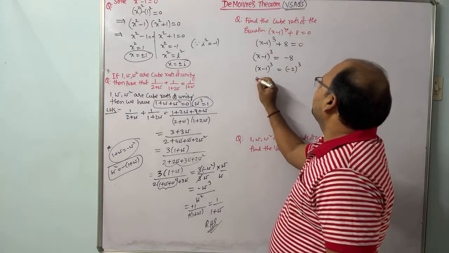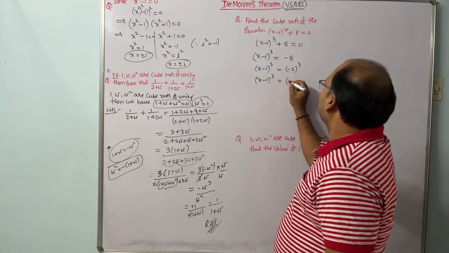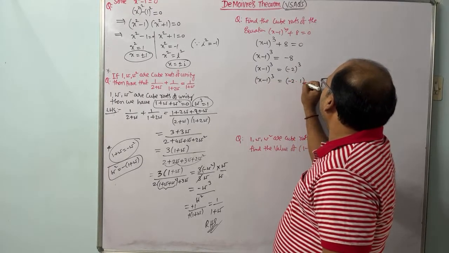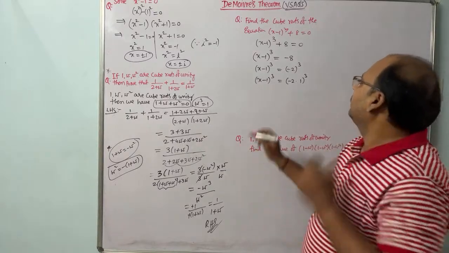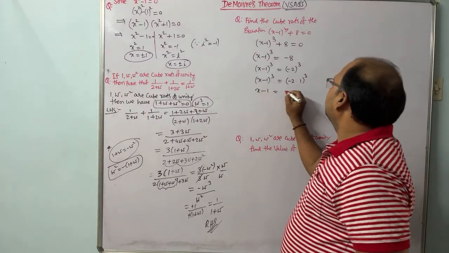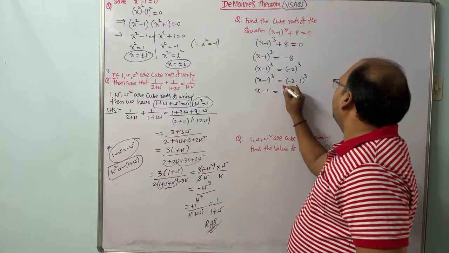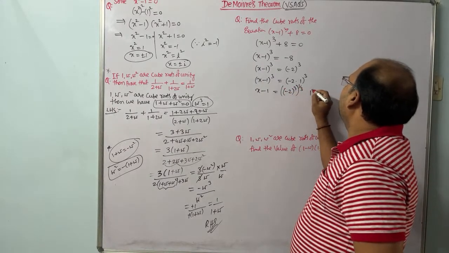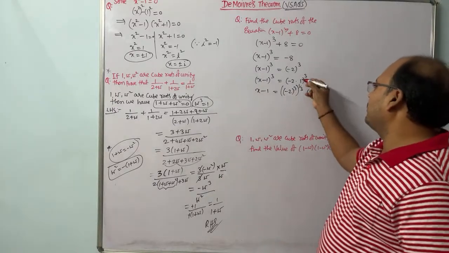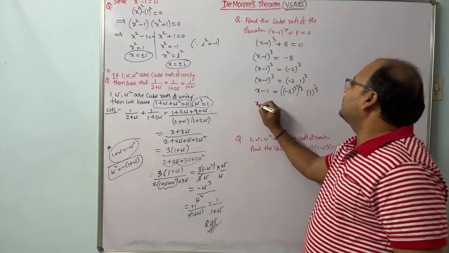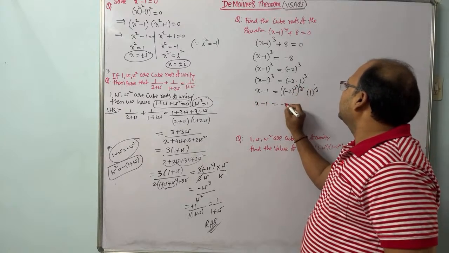So (x minus 1) whole cube equal to (minus 2) whole cube into 1. So x minus 1 is equal to minus 2 into (1) whole power 1 by 3, which is the cube root of 1.